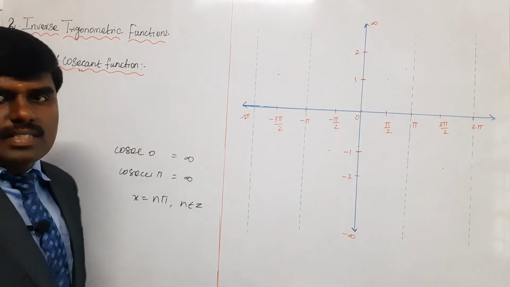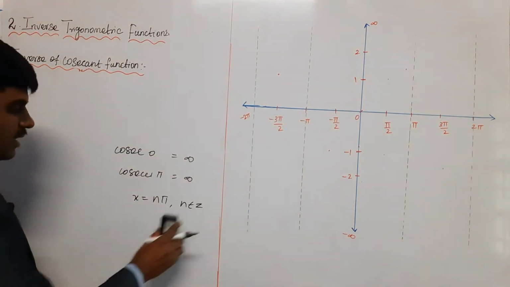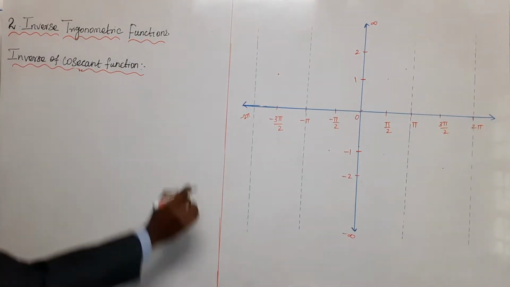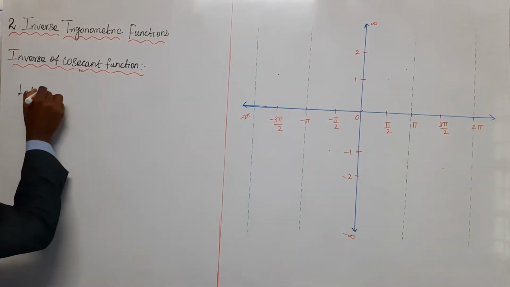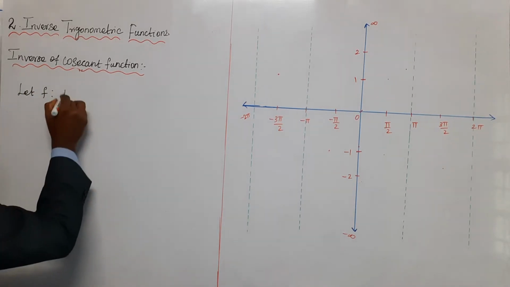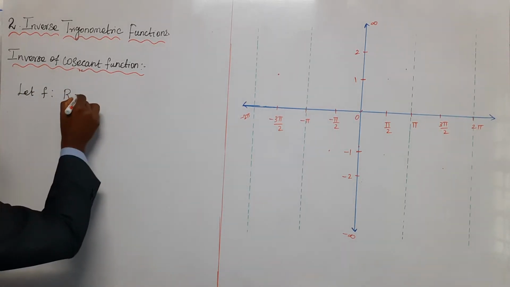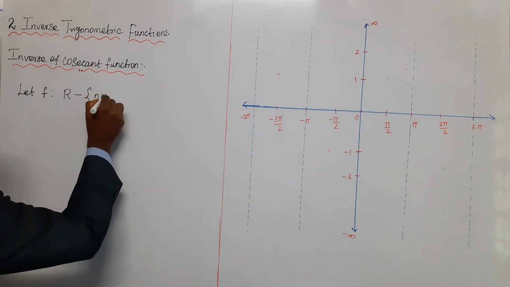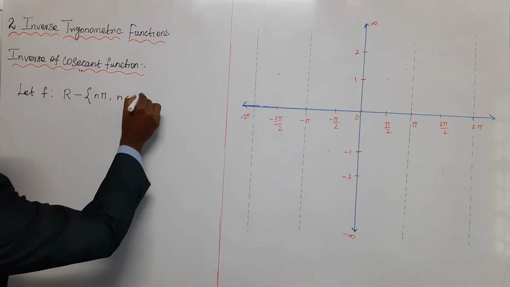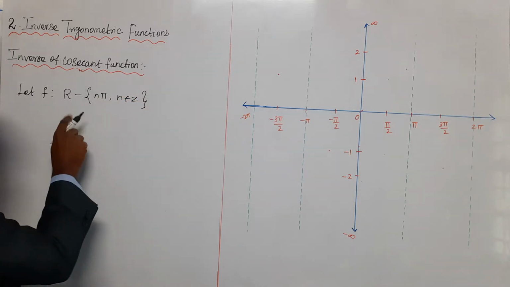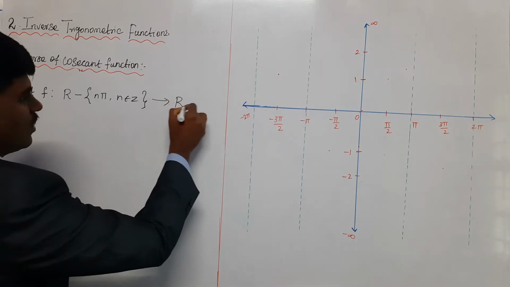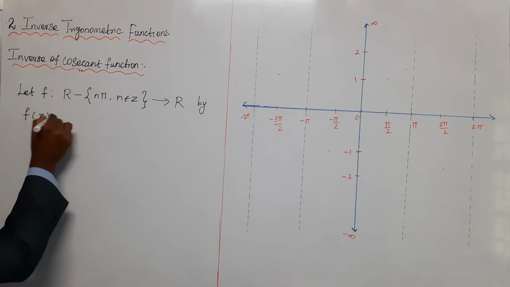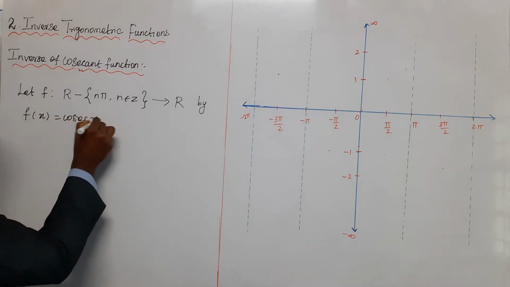As we studied in the previous class, again I will choose the cosecant function. Let the function f have domain R, but excluding the values x equals n pi, where n belongs to Z, the integers, because the function does not exist there. So f from that domain to R is given by f of x equals cosecant x.